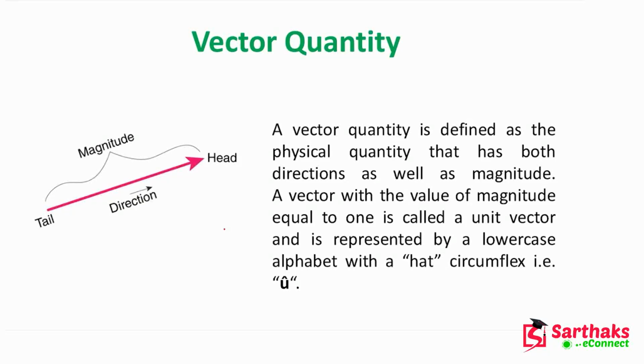Next is the vector quantity. A vector quantity has the magnitude as well as the direction. Suppose I am moving towards north or I am moving towards east, right?